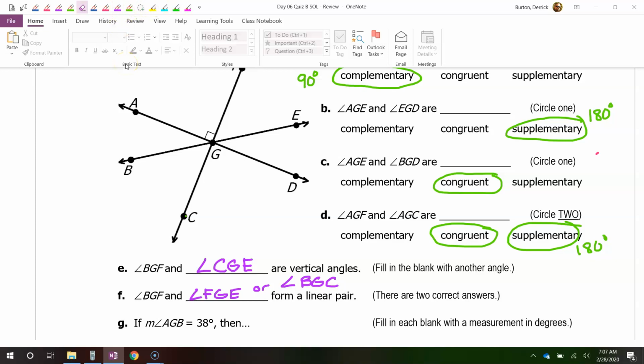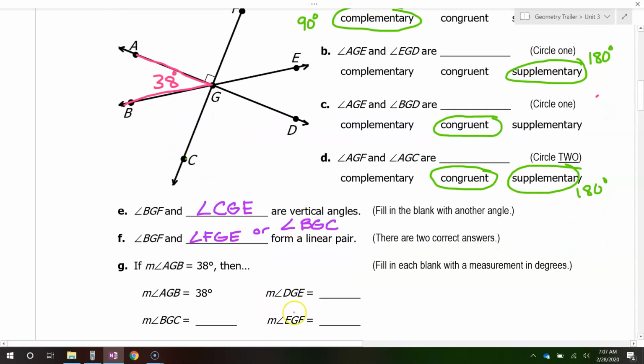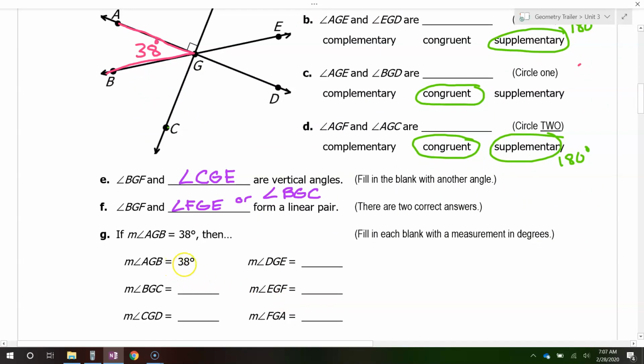Angle AGB. Okay, so angle AGB is right here. If that is 38 degrees, so okay, this is 38 degrees, then we're supposed to find each of these angles.